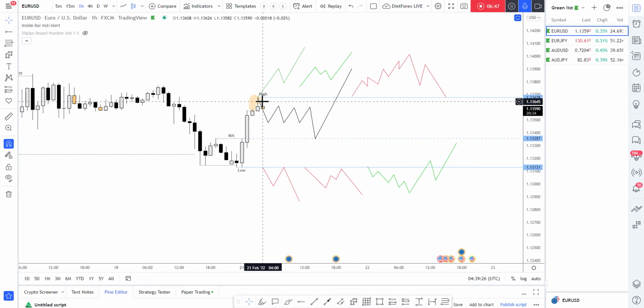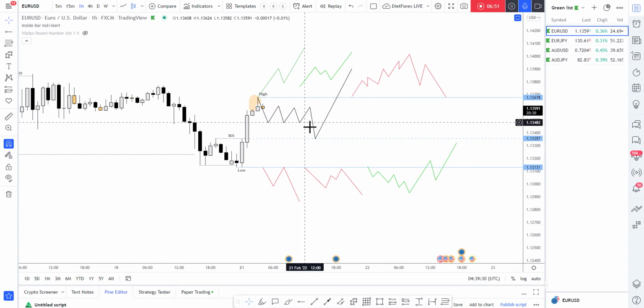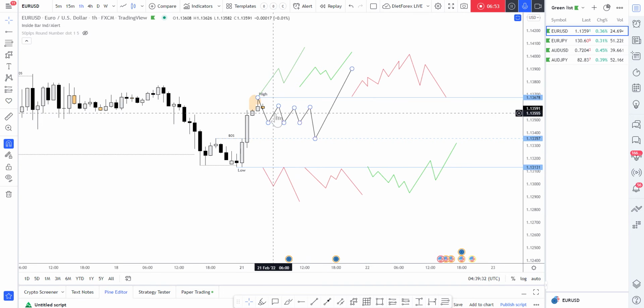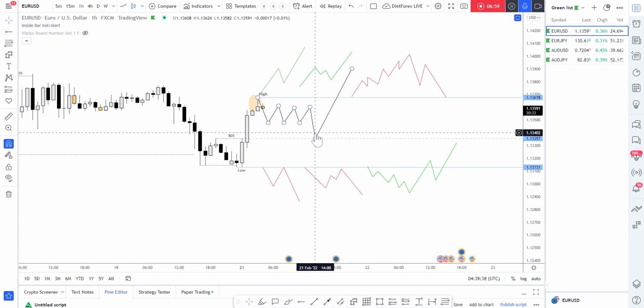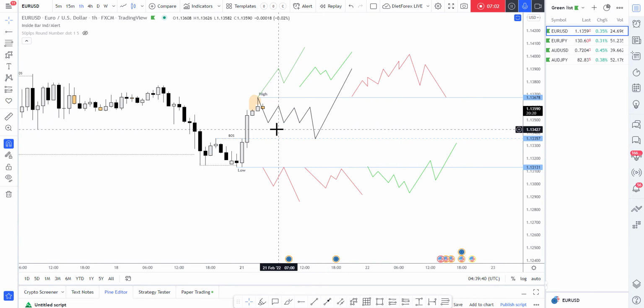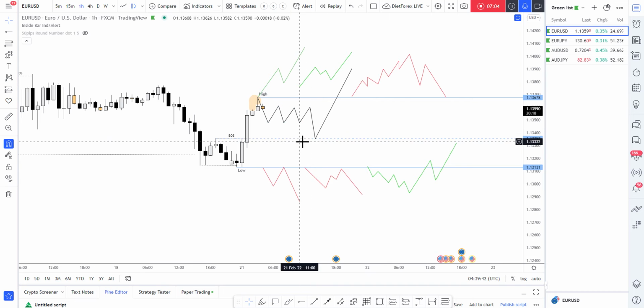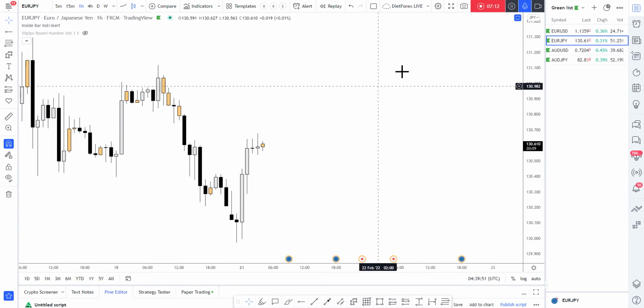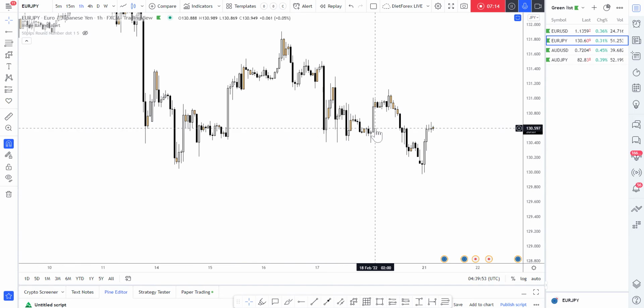But as of now, because it has a counter momentum, if it continues to range in this area, I will want to see this kind of price action give me a range, and then no strong momentum shift when it breaks the bump line. And I could wait also for the combo here. So that's for Euro USD, and now for Euro JPY.